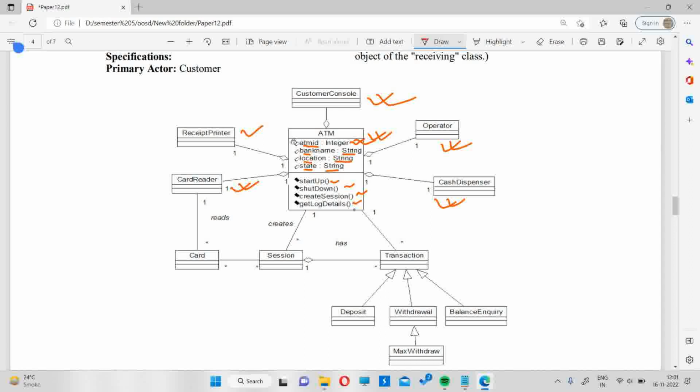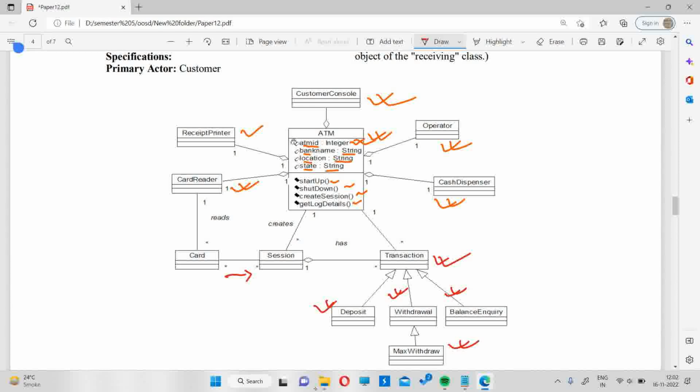When we enter our card in the card reader, that particular card goes here, then a session is created, and after that the transaction session starts. Now in that transaction session, we can deposit, we can withdraw, we can check balance, we can max withdraw.